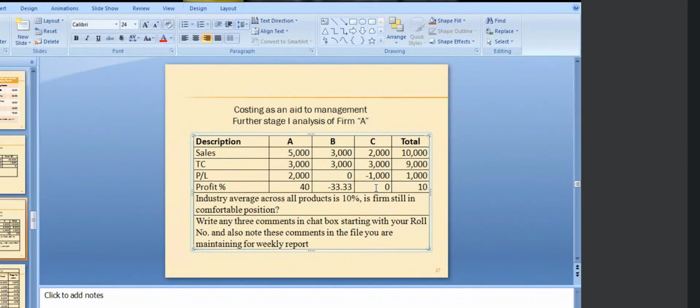The point that I'm trying to draw your attention to is: why are you able to take all such decisions and discuss all such things? Only because you have collected cost data. Is that fine? Yes, sir. That data only I have taken, up to this stage 1 of analysis.